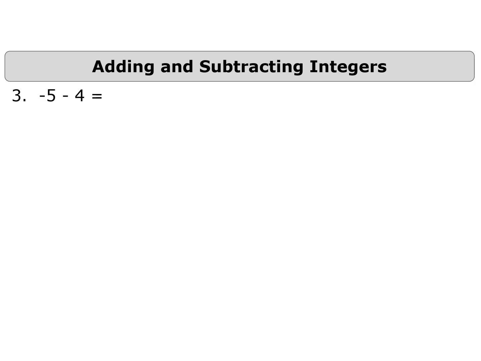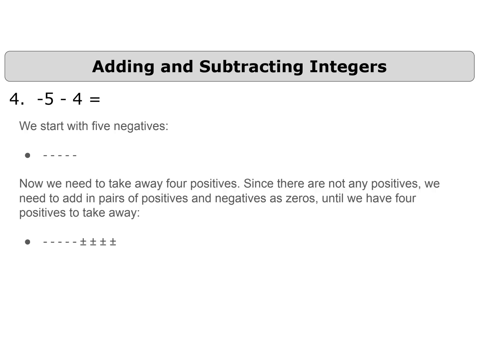Now here we have negative 5 minus 4. So we have to think that that's negative 5 and we're subtracting a positive 4. So we start with our 5 negatives. Now we need to take away 4 positives, but we don't have any positives.